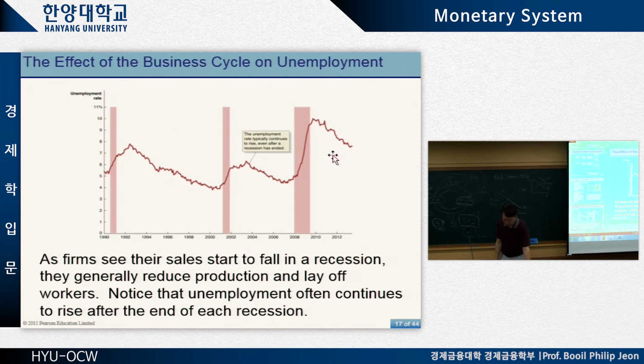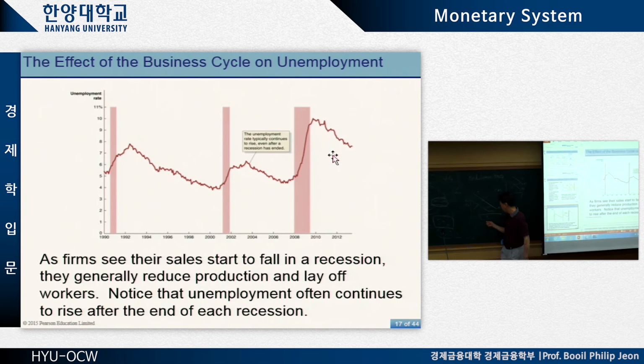What about unemployment? Of course, right? During the recession, unemployment rises, of course, because what? The aggregate demand shifts back. That means there isn't much demand for goods and services, right? So companies will try to reduce their output, right?